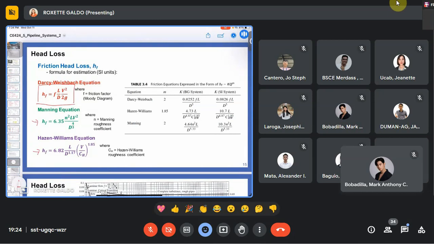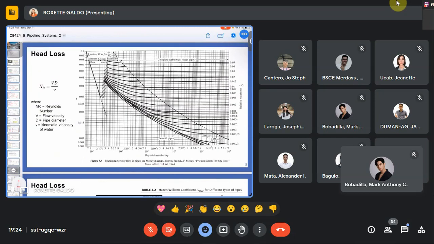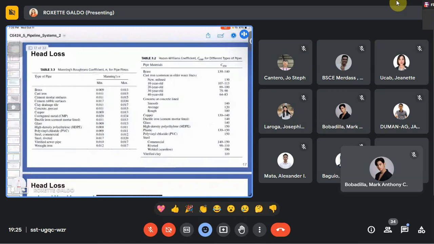If the problem states the kinematic viscosity of water, then we have to use the Reynolds number. Otherwise, no need. So we have here tables 3.3 and 3.2.